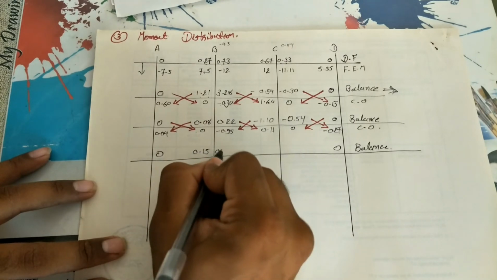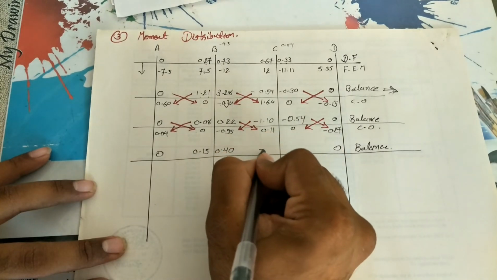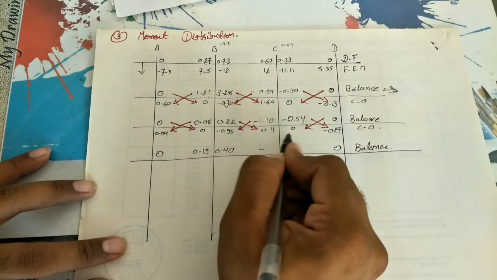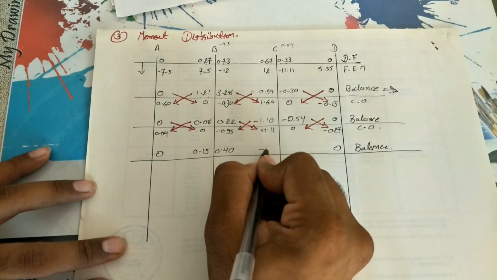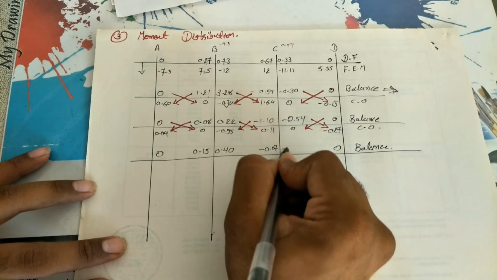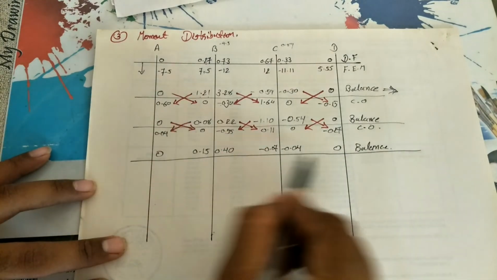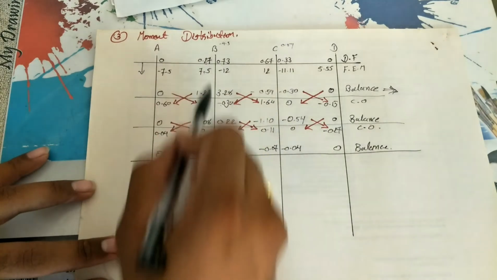Again this is 0.40. Same for this case, you are getting a plus answer 0.11 plus 0, so you have to write it as minus 0.07 and minus 0.04. Okay, now again you have to check.